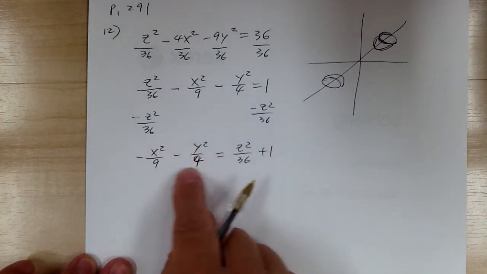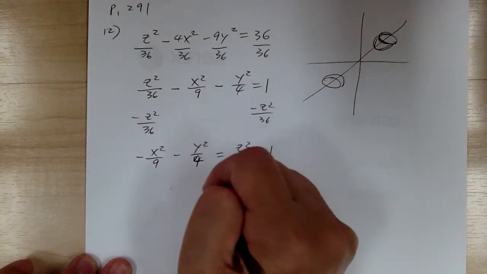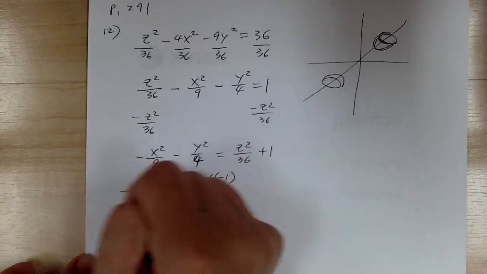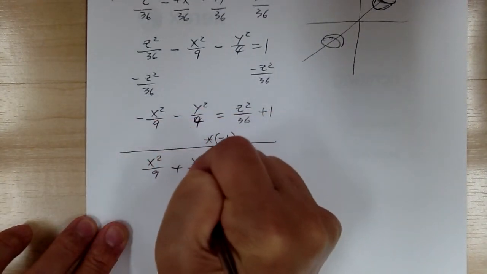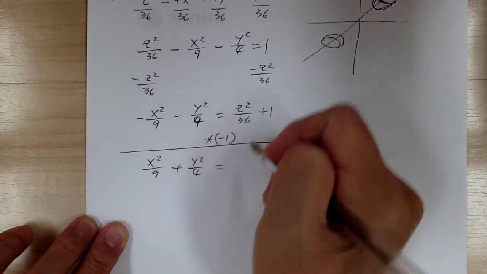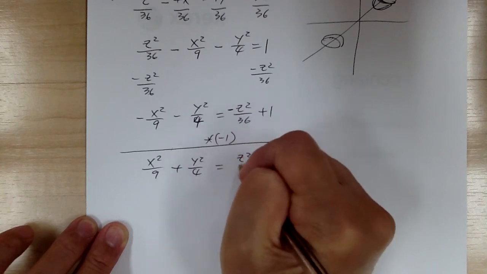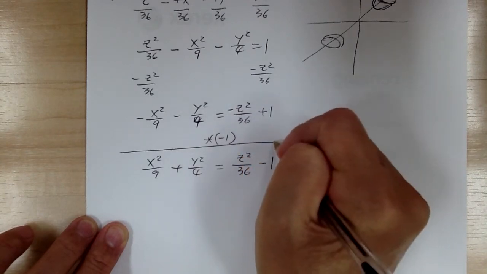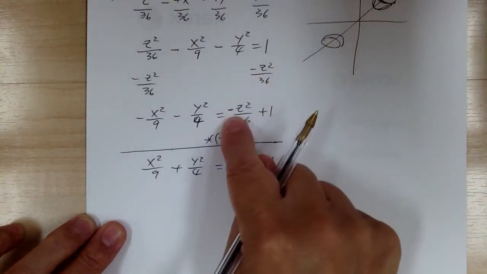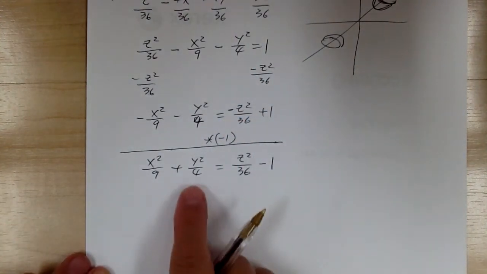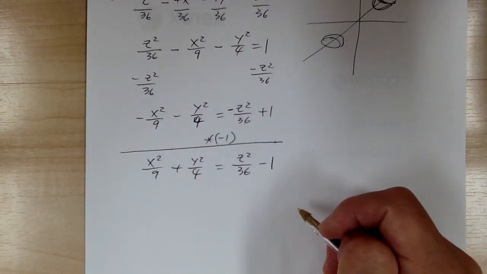The reason is that you want to make this into an ellipse, because an ellipse is easy to sketch. So you get x squared over 9 plus y squared over 4 equal to, this is a negative, so when you multiply, you get positive z squared over 36 minus 1. Yeah, so that's supposed to be a negative. So you always want to keep that ellipse on this side, so that it's easy to sketch.